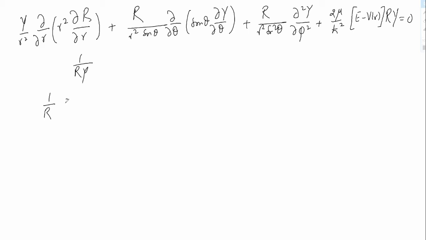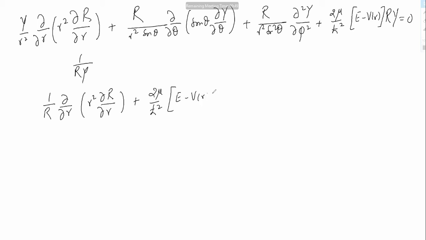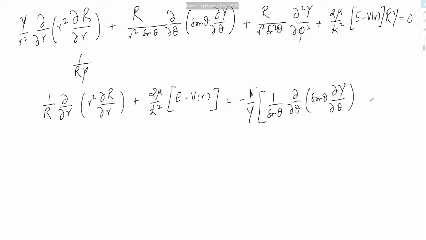We rewrite it as 1 by R d by dr of r square dR by dr, plus twice mu by h cross square (E minus V), only the radial dependence I am writing here, equals minus 1 by Y times [1 by sine theta d by d theta of sine theta dY by d theta, plus 1 by sine square theta d square Y by d phi square].